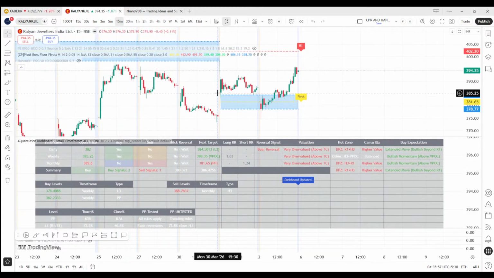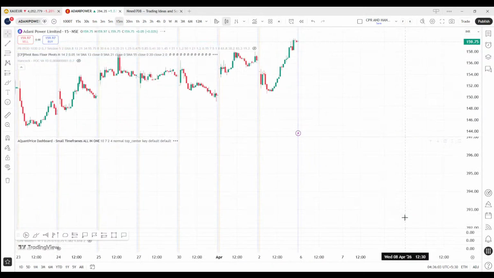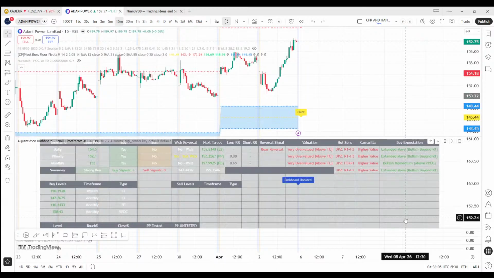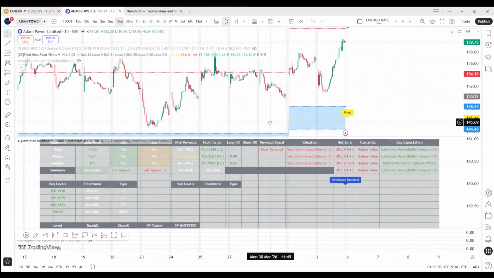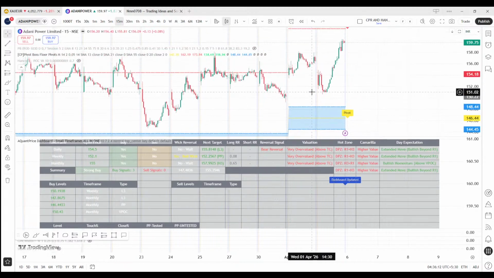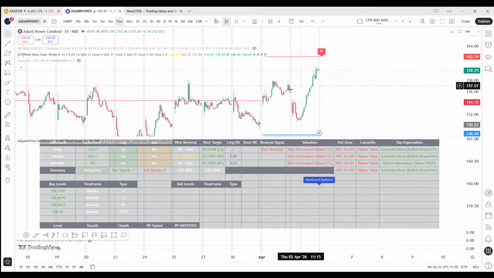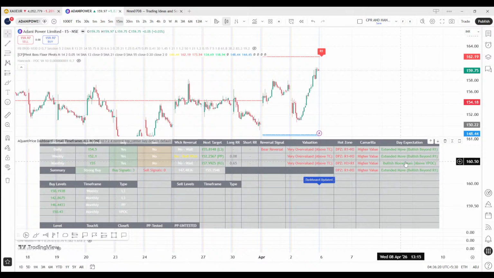So see here, the bias is changed, and you can also see the daily and weekly bias has changed. So we are navigating. Okay, so here it's monthly bullish bias, and this support must have come at the POC some day, and look at the trend. So when all the confluence is holding its value, you also have to see this.